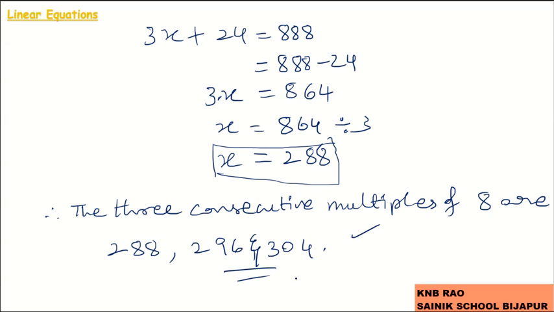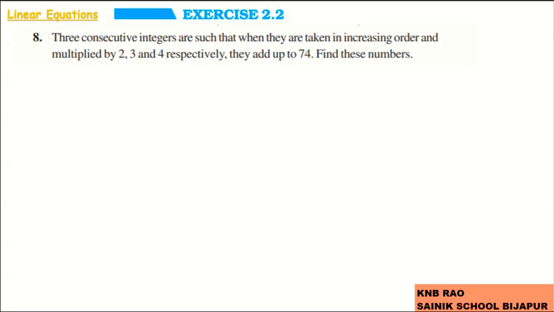Now coming to question number 8. 3 consecutive integers are such that when they are taken in increasing order and multiplied by 2, 3 and 4 respectively, they add up to 74.